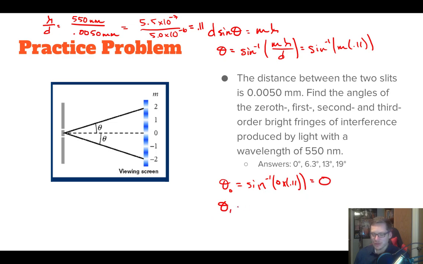For order 1, theta is inverse sine of 1 times 0.11. Plug this into your calculator, making sure you're in degrees, because we're talking about degrees, and you should get something like 6.29, so about 6.3 degrees. You can see how this is going. It's the same idea, different story. For 2 times 0.11, you should get something close to 13. The last one should get you something close to 19.